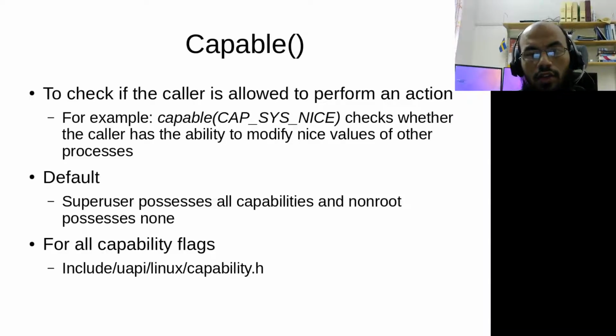Linux defines a lot of these capabilities, and the default case is that super users have all capabilities and non-root users have no capabilities. This is the default, and the capability flags that I'm talking about are all in this file.